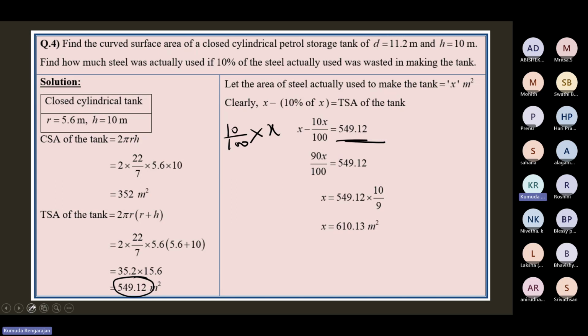Now this calculation you can do however you want, children. You can cancel the 0 and 0 and then take the LCM. I have directly taken the LCM. What's the LCM? 100 is the LCM. So 100X minus 10X.